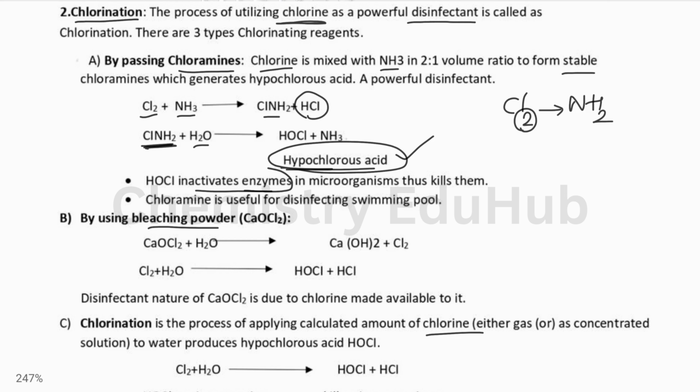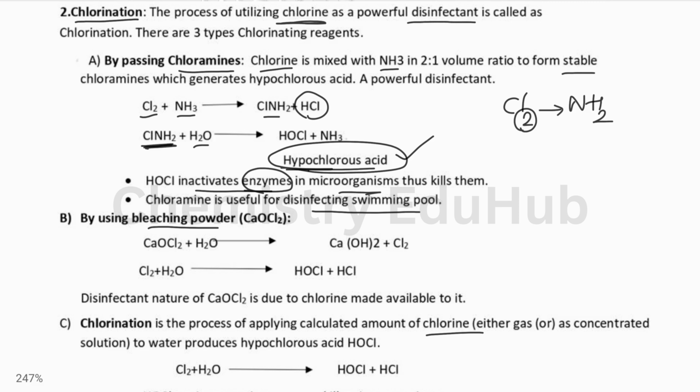If the enzyme function is stopped, the process automatically slows down and ultimately stops. So HOCl, or hypochlorous acid, will inactivate the enzymes present in the bacteria and kill them.